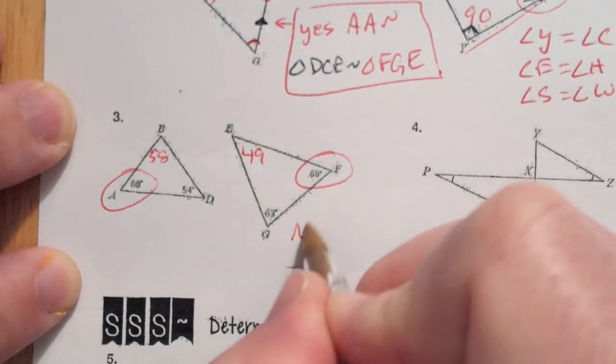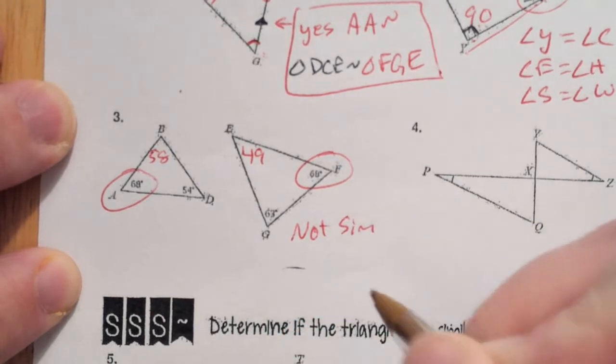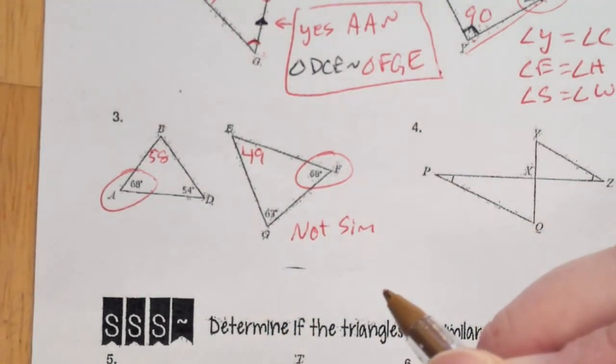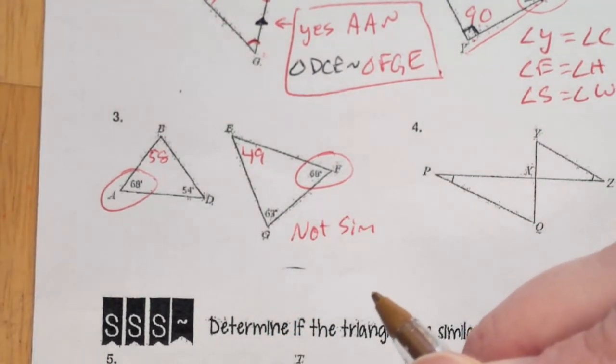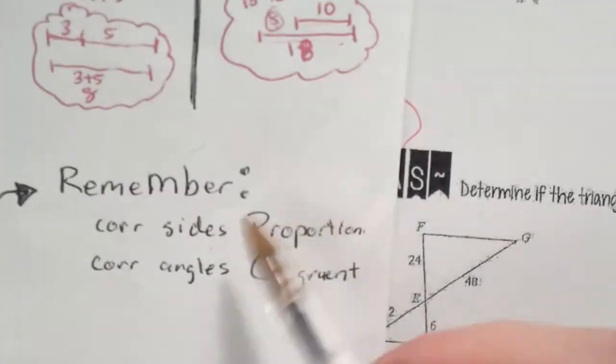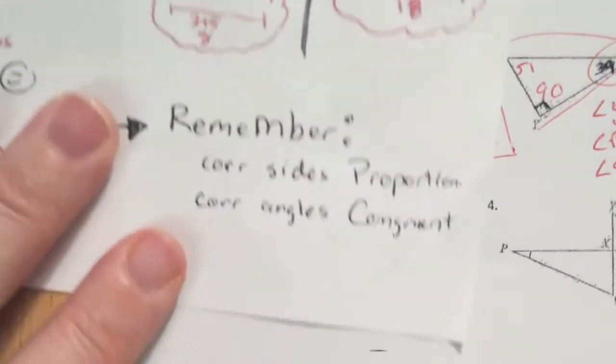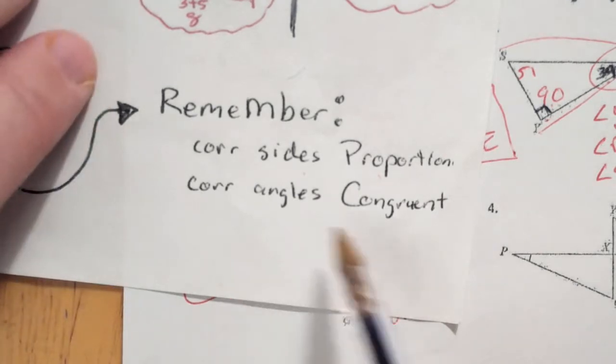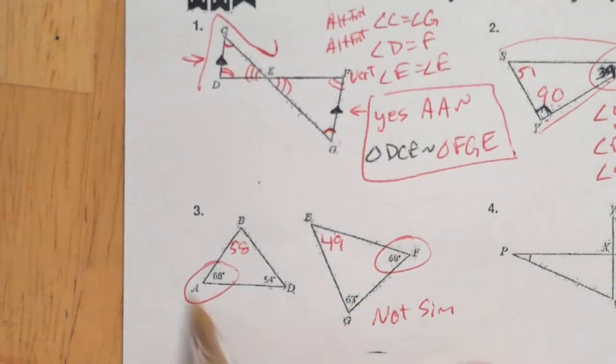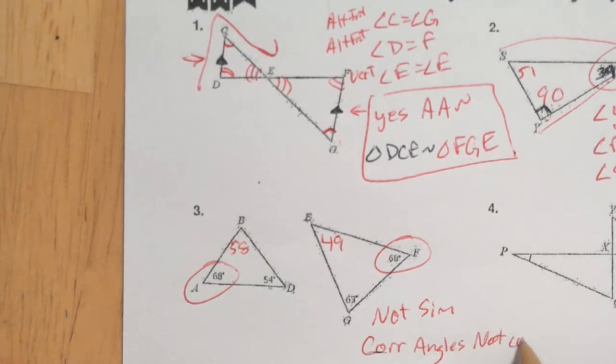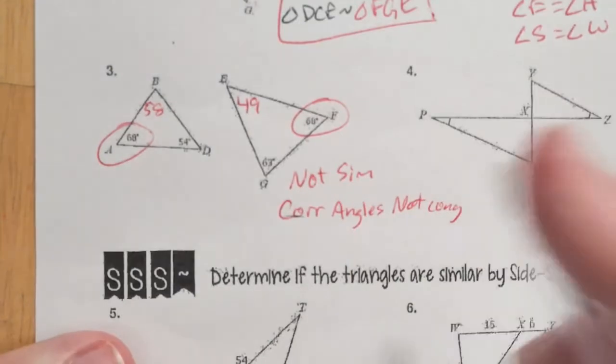So this is not similar. And what was broken? Was it the sides or was it the angles? So if you look at your list, either the sides need to be proportional or the angles have to be congruent. And what was broken? The angles. So corresponding angles not congruent. So that was the rule that was broken.